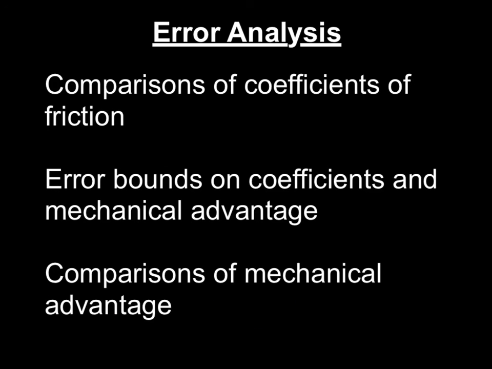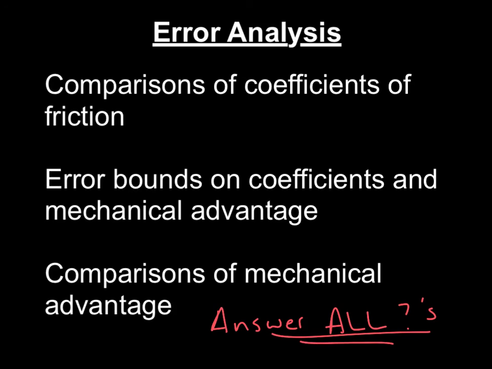Also, don't forget to report your mechanical advantages with error bounds. And one final note. Make sure that you answer all questions on the lab. They're in the analysis part, so make sure you answer all of them. And that's the lab.